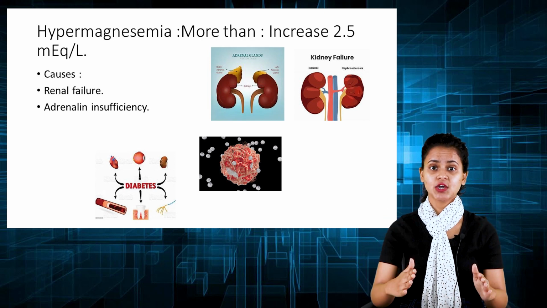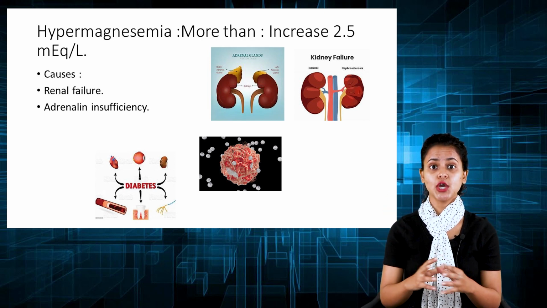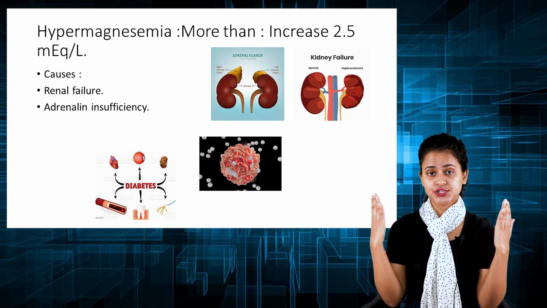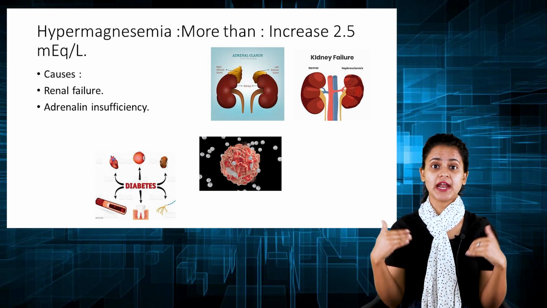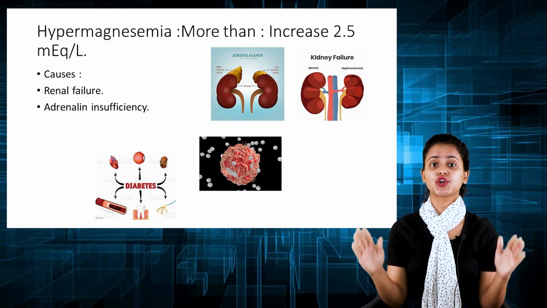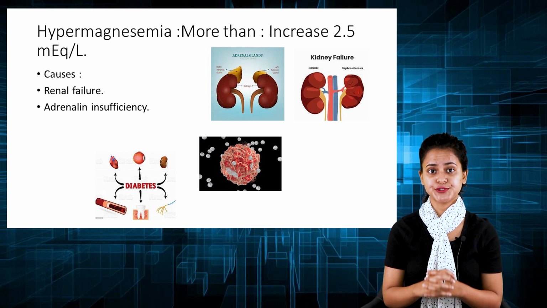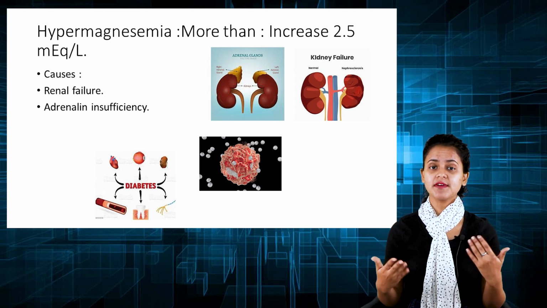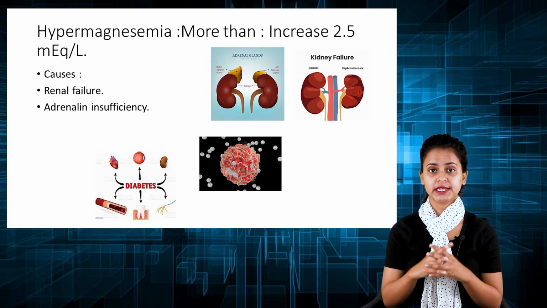The next etiological factor, most commonly, is adrenal insufficiency, which plays a major role in the development of hypermagnesemia. Excessive administration of magnesium also plays a very important role in the development of this condition.